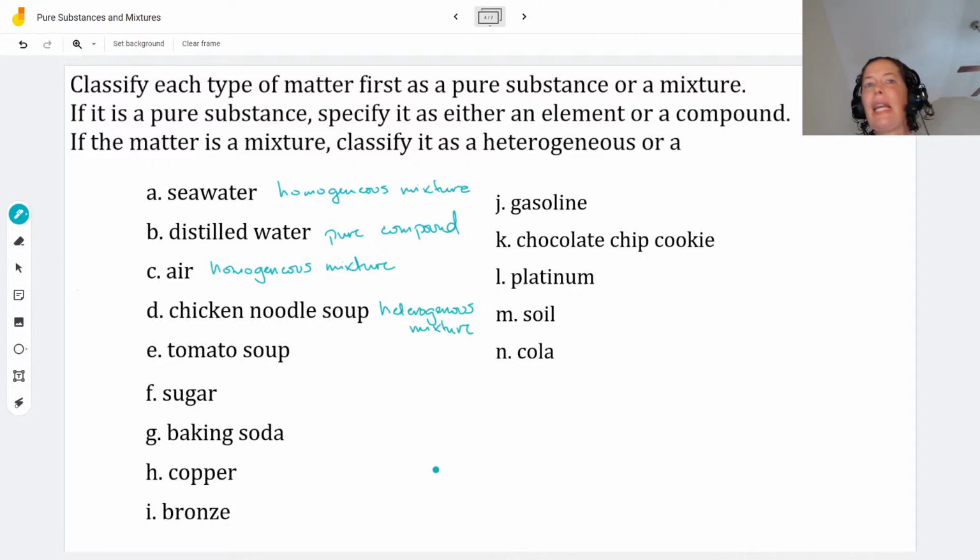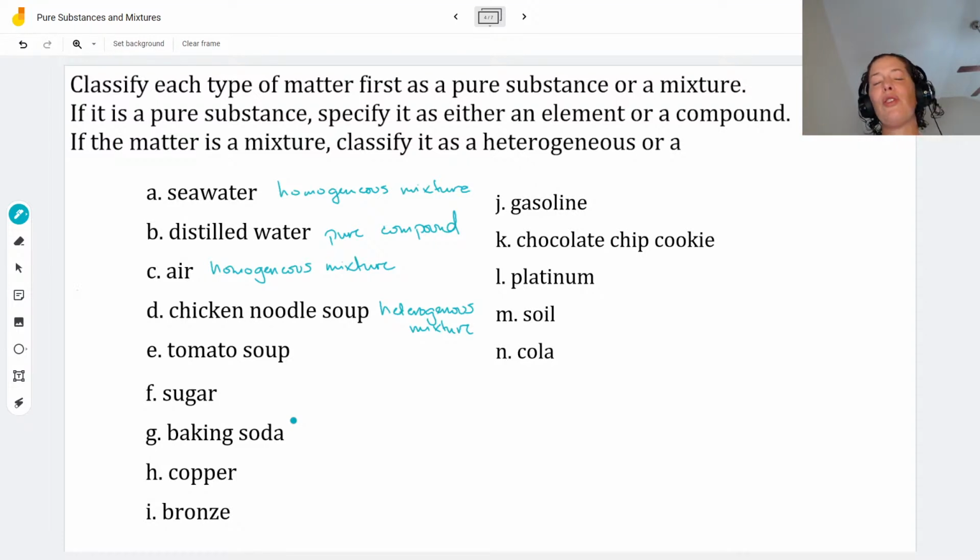Okay. Sticking with the soup here. Now we're asked about tomato soup. This can kind of depend on the situation, but I am assuming you're working with tomato soup that you've made out of a can of condensed soup. So if you think about tomato soup and you're mixing it, again, is it a pure compound or is it a mixture?